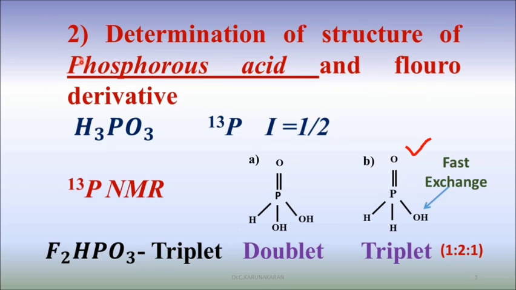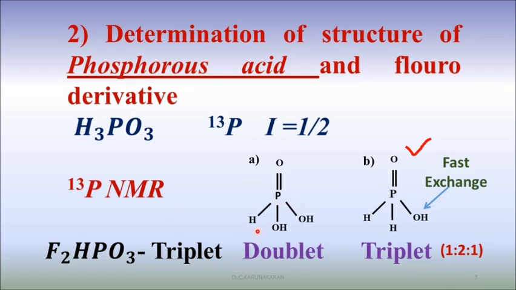The structure of phosphorous acid is elucidated by using phosphorus NMR. The formula of phosphorous acid is H3PO3. There are two possible structures I have given here. Phosphorus 31 has I equal to 1 by 2.